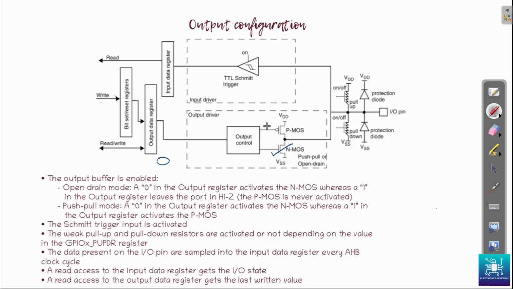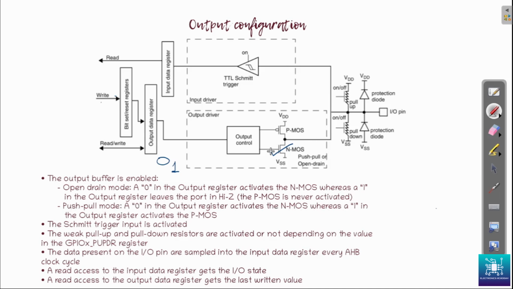And if we make it a 1, then the NMOS is switched off. Okay, it's in the high impedance state. In the push-pull mode, a 0 in the output register activates the NMOS.